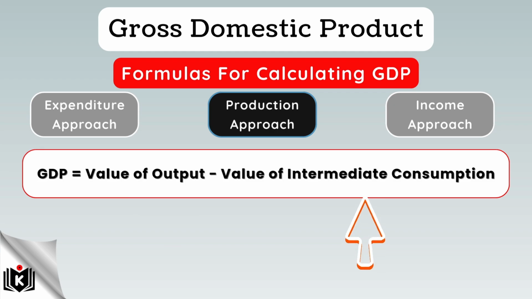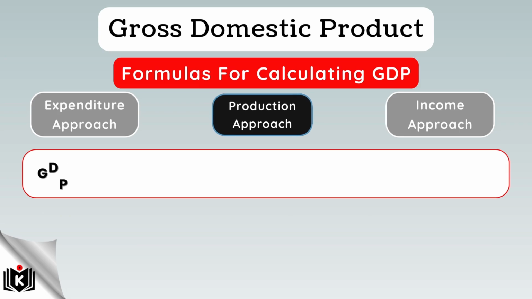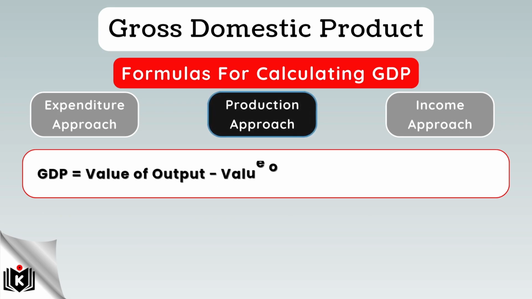This formula also takes into account the value of intermediate consumption, which is the value of goods and services used in the production process, including raw materials. For example, flour used in baking bread would be part of intermediate consumption. When determining GDP using the production approach, the answer would be the difference between the value of output and the value of intermediate consumption.